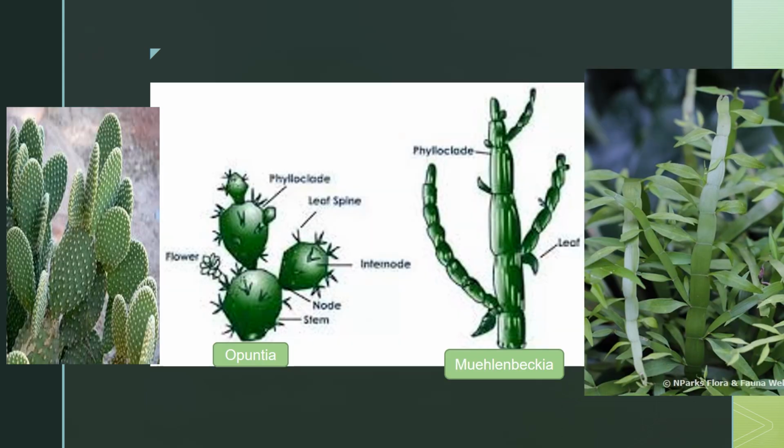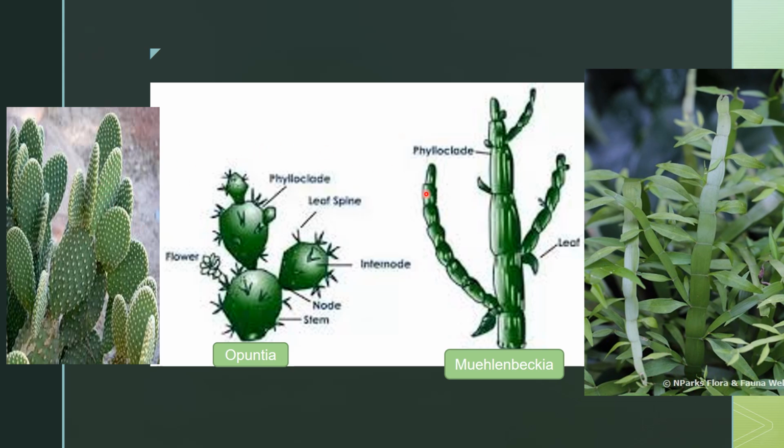So this is a phylloclade, the example of the flattened phylloclade like Opuntia, in the picture, and the cylindrical phylloclade like Muehlenbeckia plant. This one, Muehlenbeckia plant.